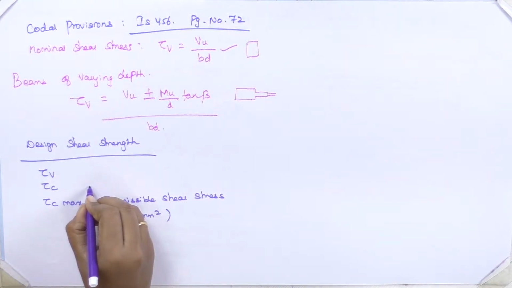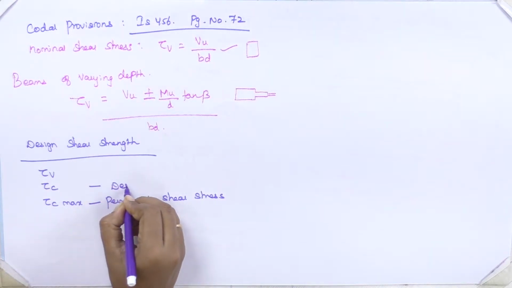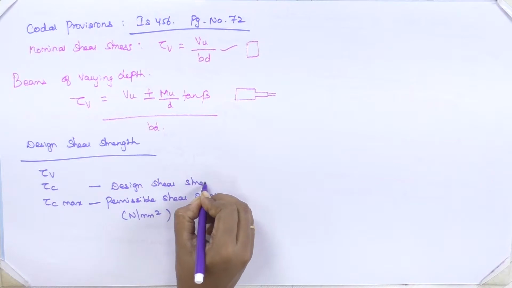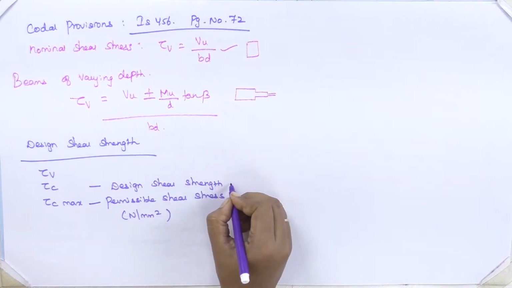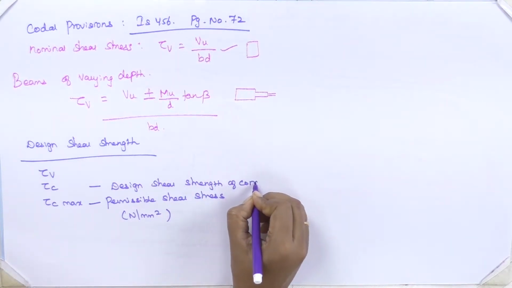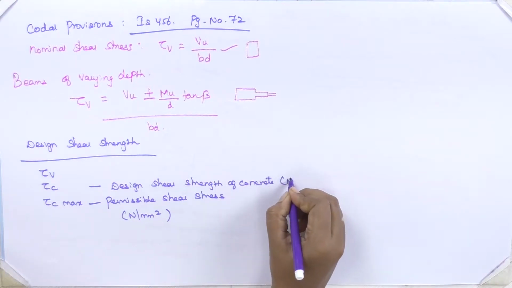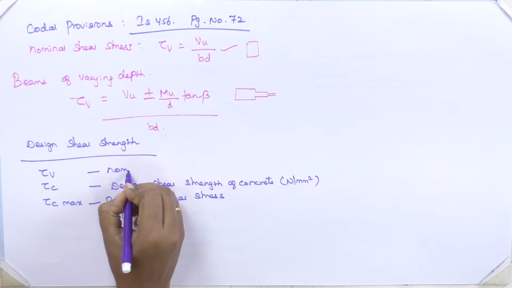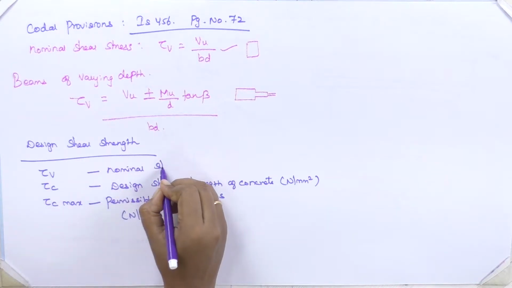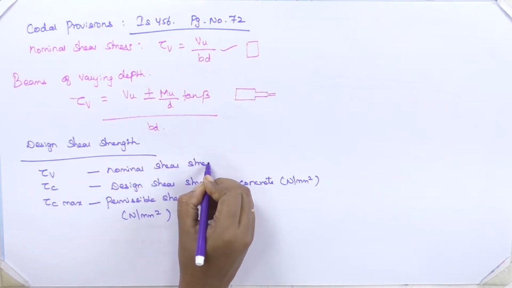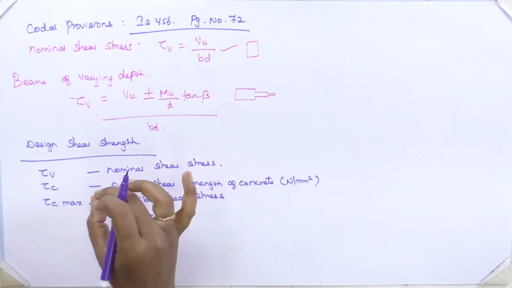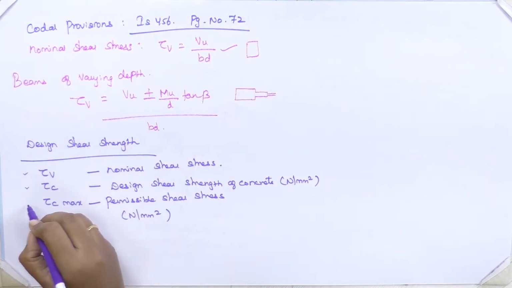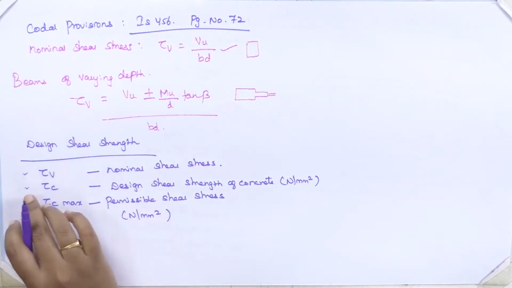Tau C is nothing but the design shear strength of concrete. This is also Newton per mm square. This is my nominal shear stress. So for a section, you need to check what is the tau V value, what is the tau C value, and what is the tau C max value.